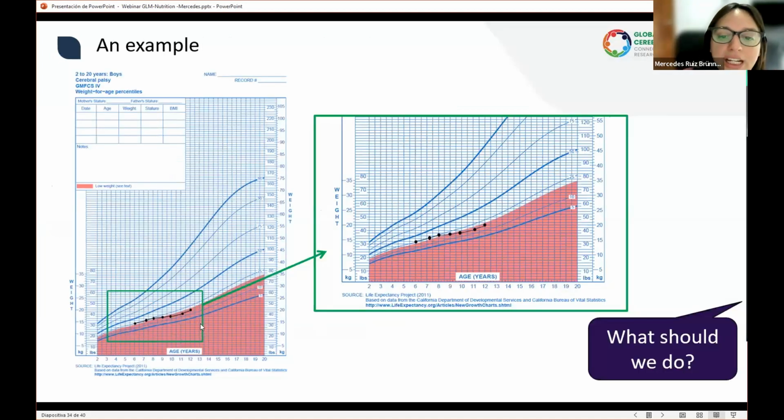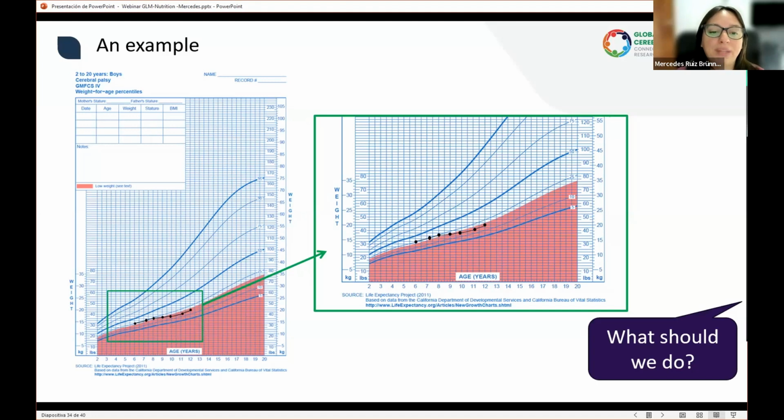So for example, in this child, we can see the weight that started at age 8 was close to percentile 25, but then started to be lower and entered the risk zone. What should we do in this case? If they are not in a nutritional treatment, we should include them for sure. And if they are having a nutritional treatment, we should think of changing that nutritional treatment.